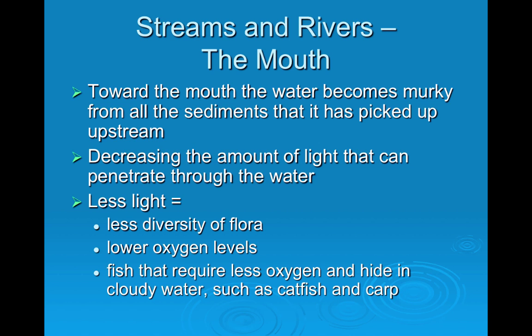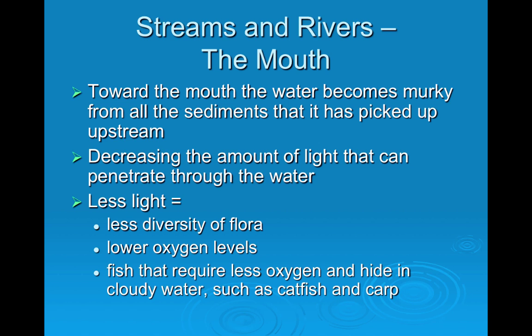This is less diversity of flora, but the mouth of the river is known for its high biodiversity for other reasons that we're going to talk about when we start talking about estuaries. But do know that there are lower oxygen levels there because the water also gets warmer, it's shallower, and water holds less oxygen the warmer it gets.